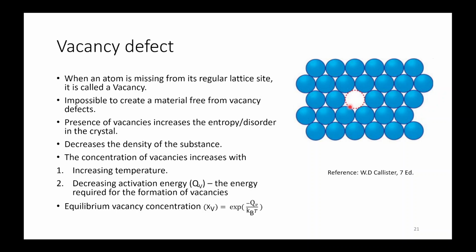It is impossible to create material free from vacancy defect because vacancies reduce the Gibbs free energy of the crystal. The presence of vacancies increases the entropy and disorder in the crystal, and it decreases the density of the substance. Because there is an empty site, it won't be contributing to the mass of your entire material, so it will reduce density.